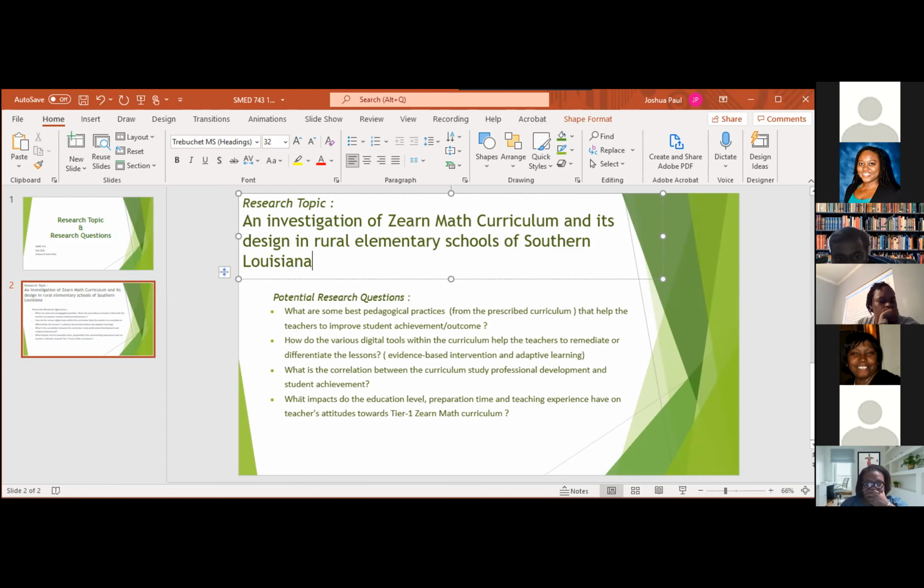And the second question is, how do the various digital tools within the curriculum help the teachers to remediate or differentiate the lessons? So another focus is on the remediation. A lot of students have been struggling with the math foundations due to several reasons at our district. The teacher retention rate is so high at our district. Even now we have a big shortage.